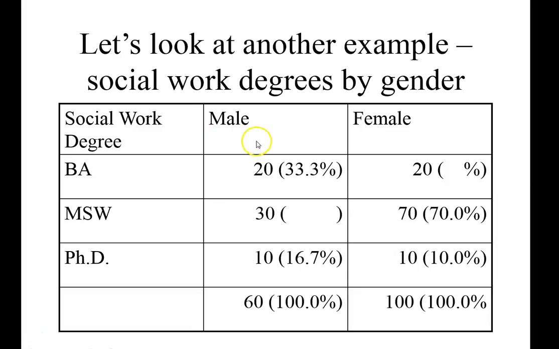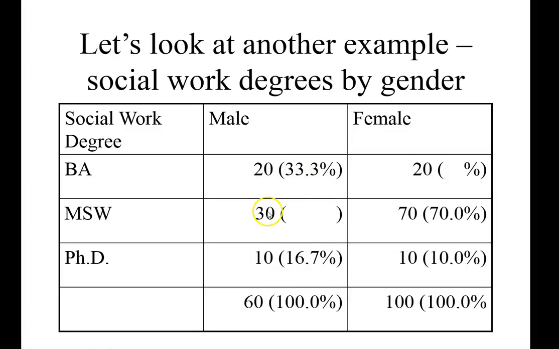So we look at this example. Here we have social work degrees, and we're looking at the types of degrees, and we're looking at, again, male and female. So here we're told 20 of males have a BA, and 30 have an MSW, and 10 have a PhD. So how did we get those percentages? We divided.